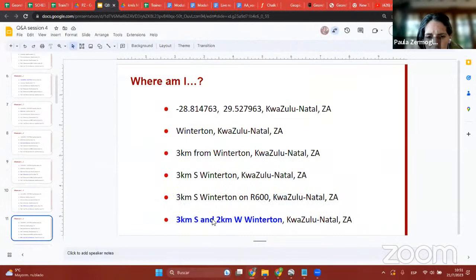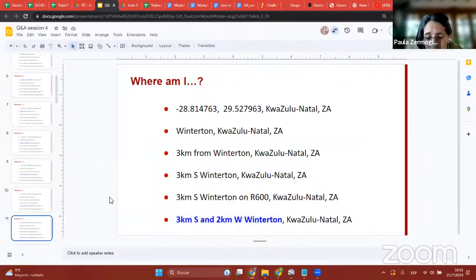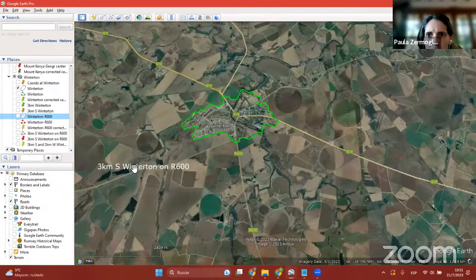That is 3 kilometers south and 2 kilometers west of Winterton. This is of the type orthogonal directions. So what we're saying, if we look at the map, let me clear all drawings.